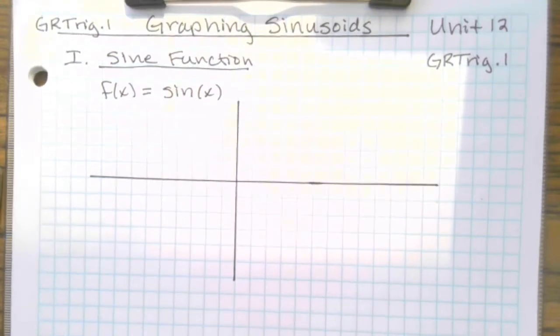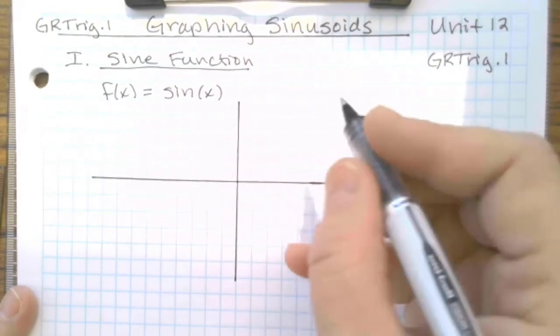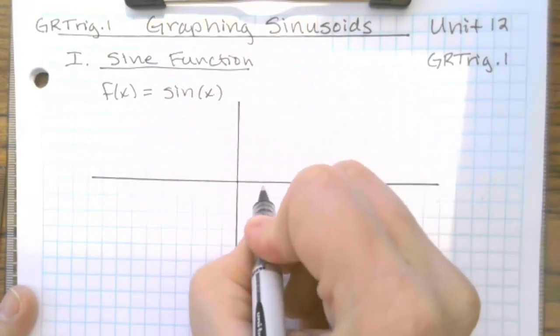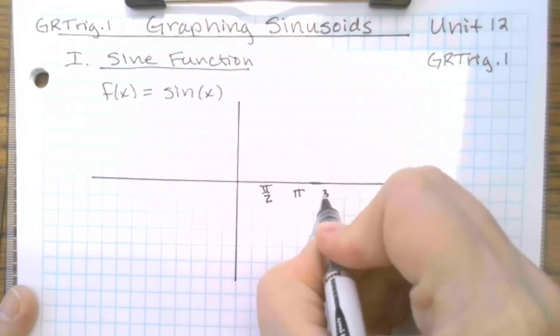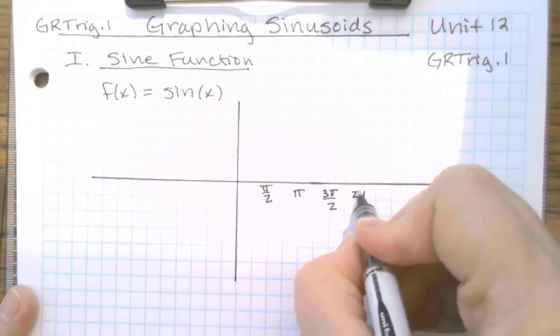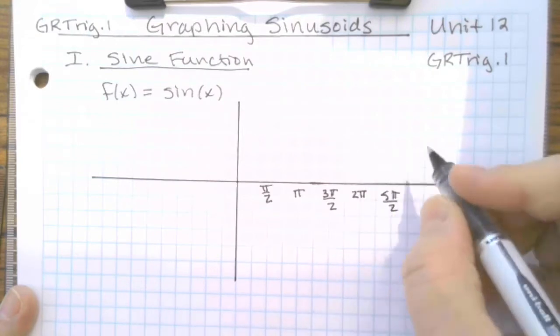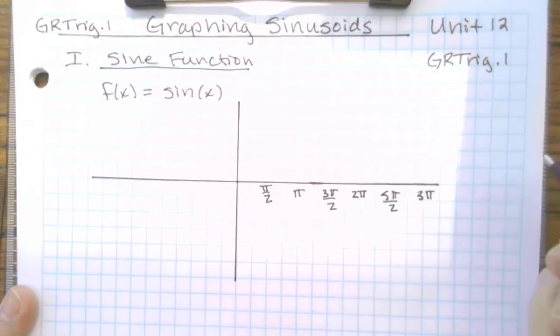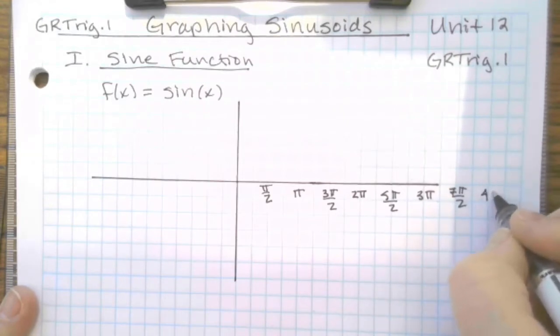All right, so this is where your 90-degree memorized angles are going to come in handy because we're going to go by 90 degrees. Now, I'm going to do this scale today in radians. So skip every other spot. We're going to have pi over 2, pi, 3 pi over 2, 2 pi, 5 pi over 2, 3 pi, I have to go a couple more spots here, 7 pi over 2, and 4 pi.